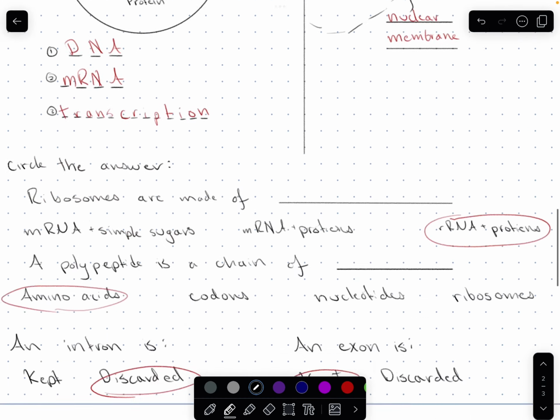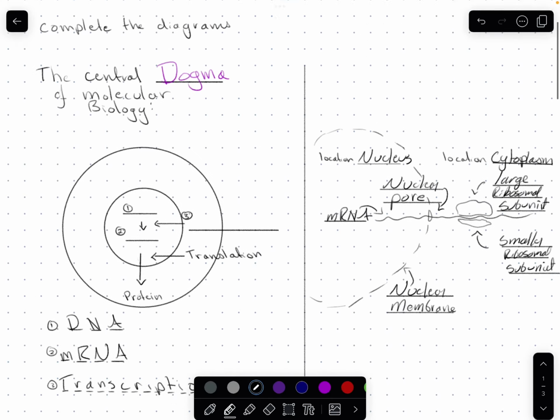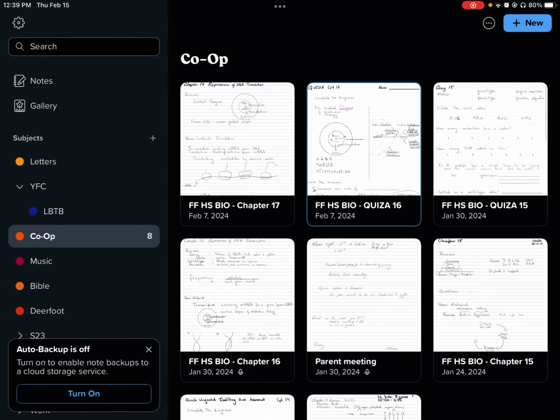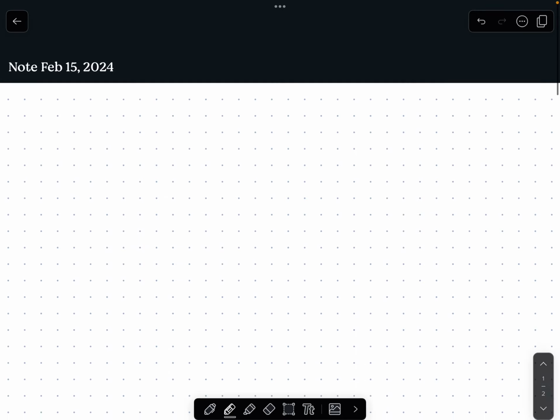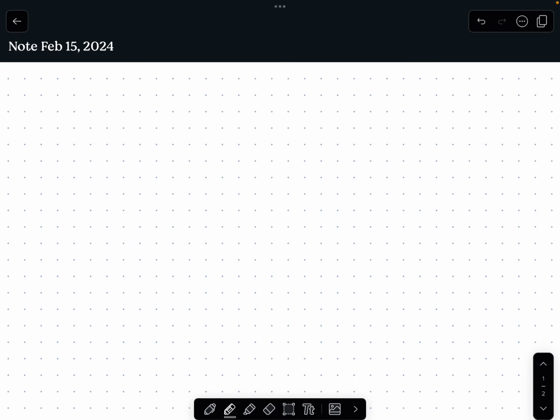And yeah, let's move on to this week's content. So we're going to be talking about chapter 17. And this is our next process in our central dogma, translation. So we have our central dogma.